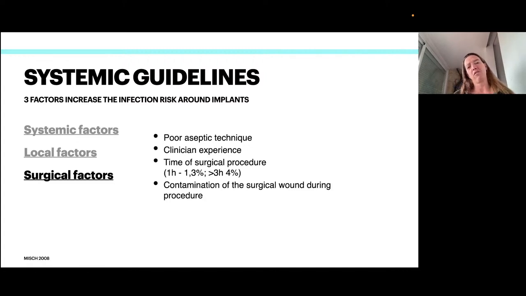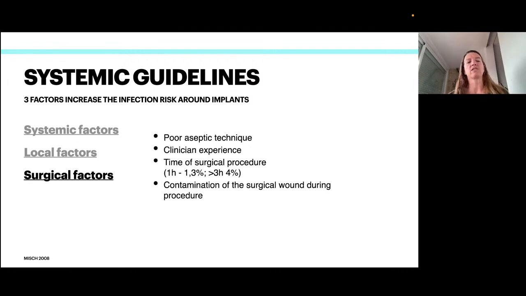So keep it as aseptic and as clean as possible, with a very experienced team, not only the clinician but also the team. So it's important to have good education if you want to get more experience, to learn, the same as you are doing right now.